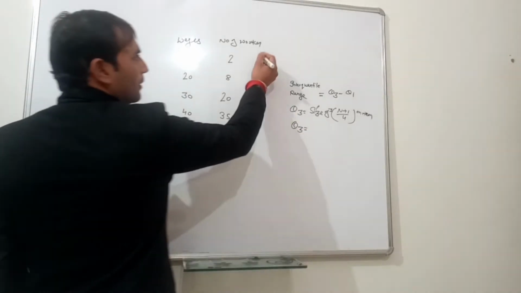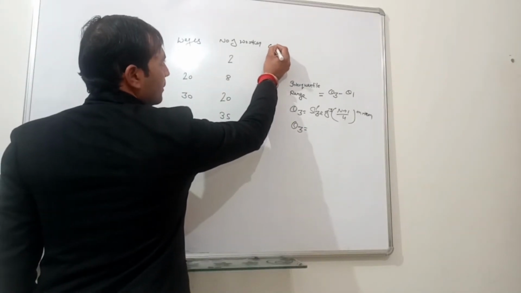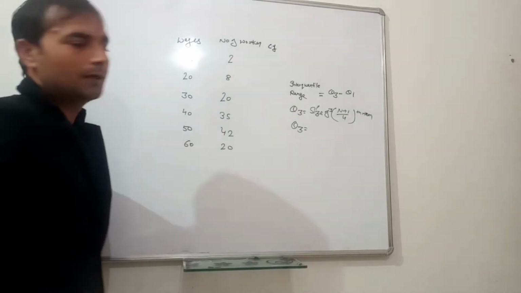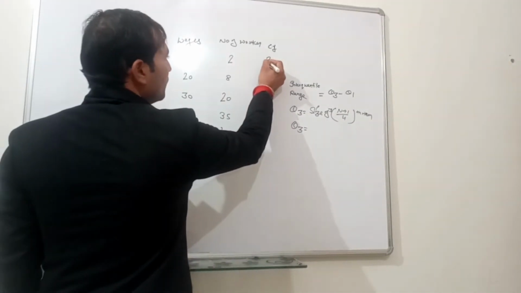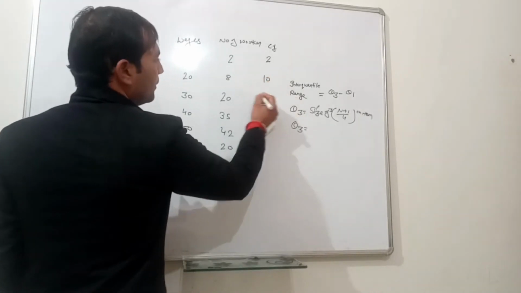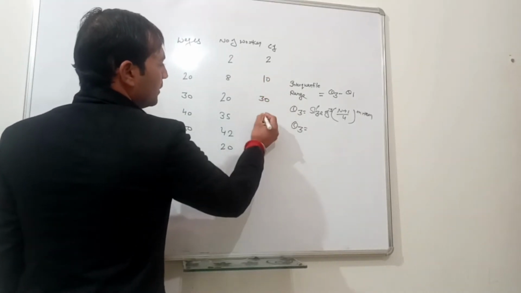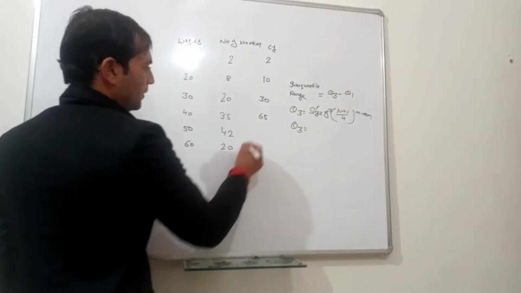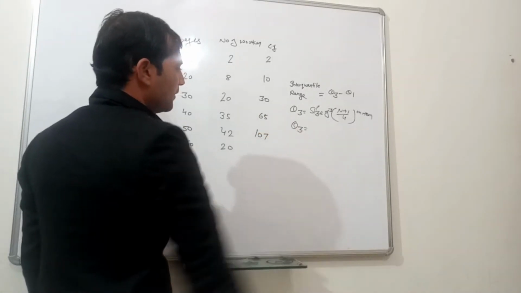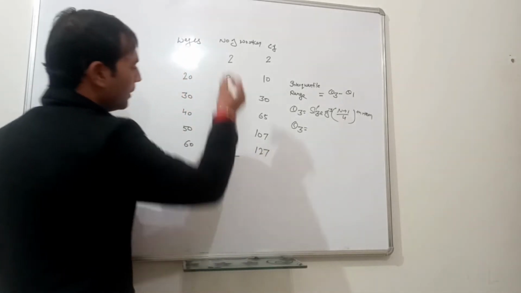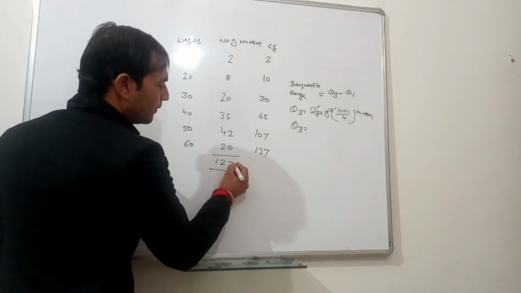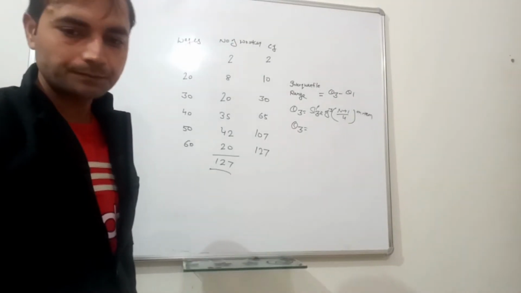Now we calculate cumulative frequency because this is a discrete series: 2, 10, 30, 65, 107, 127. The total number of workers is also 127.